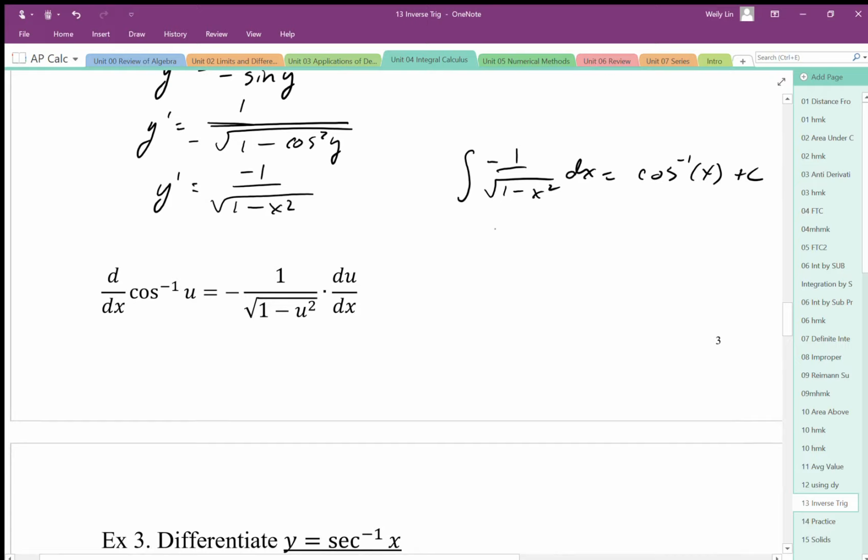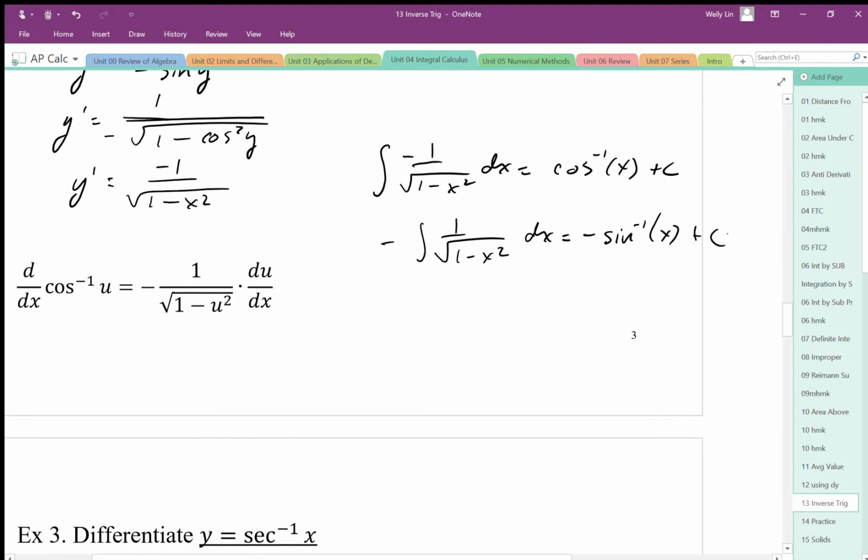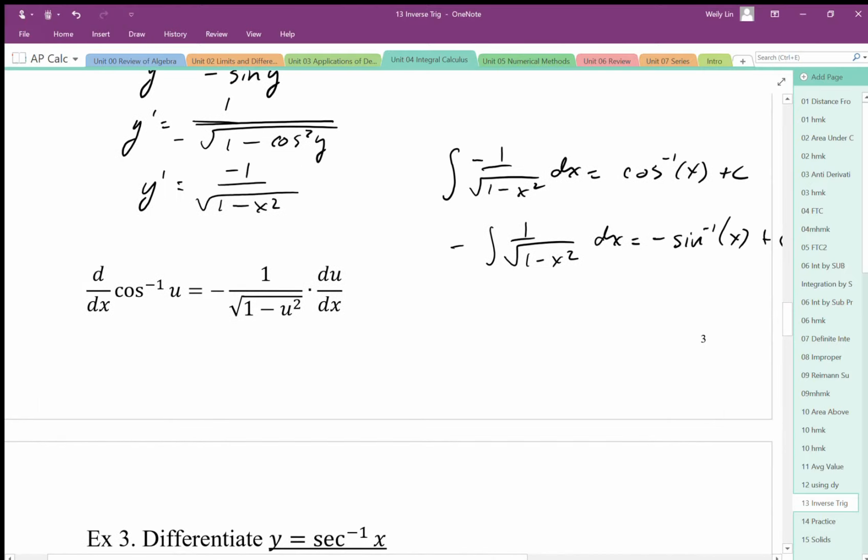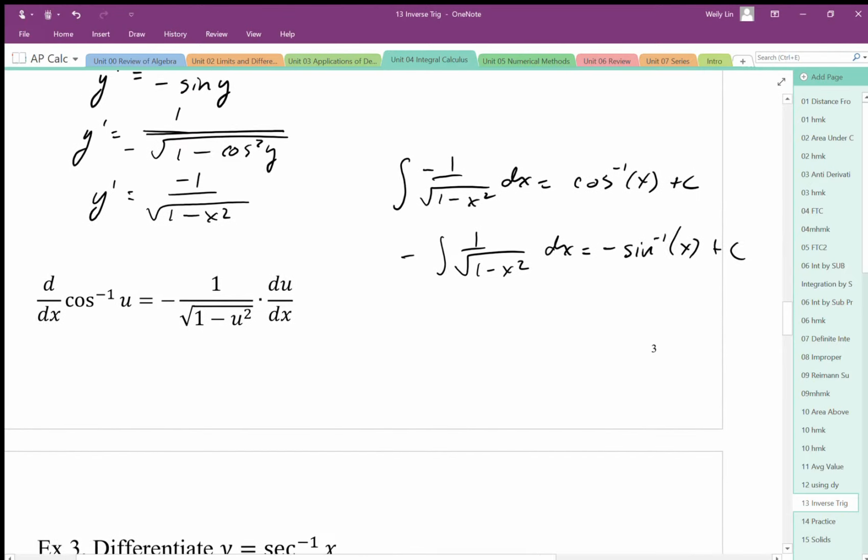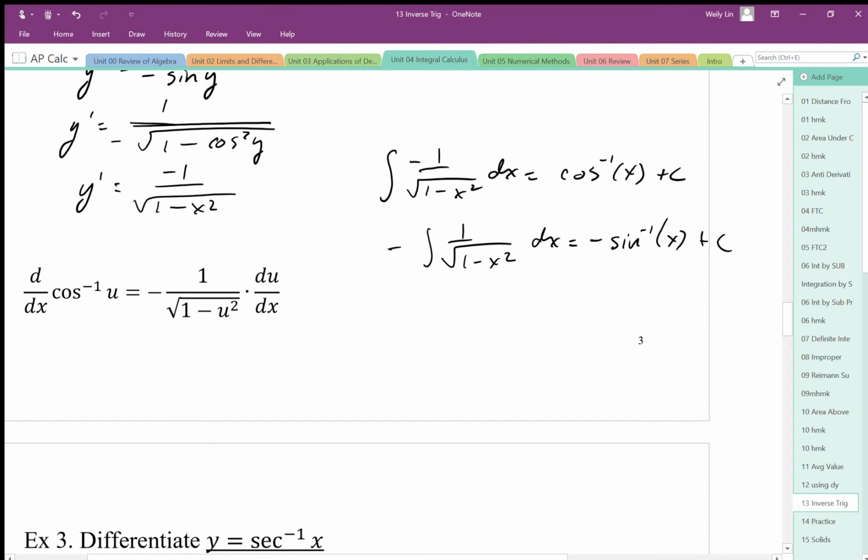We're just going to say the negative, and if we integrate that, we're just going to end up with negative arcsine. That's much easier, so that way we don't have to use two different ones. So we're just going to stick with this one. Although this one does exist, we're not really going to use that one.